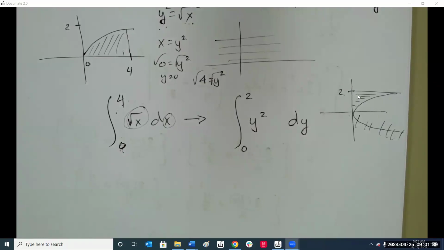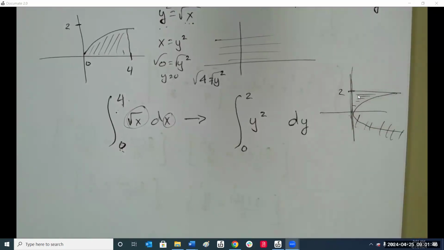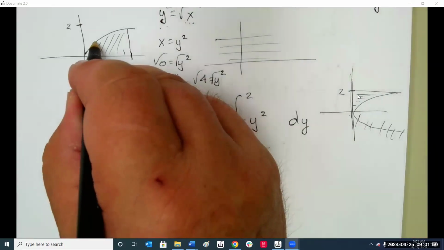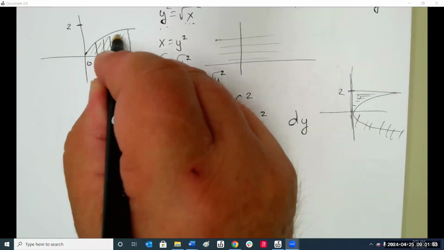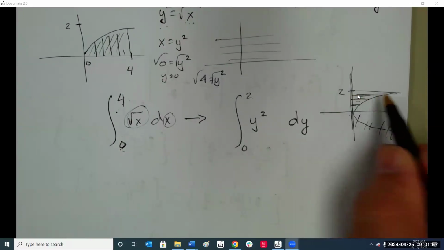Because remember, the integral finds the area under the curve to the axis. So if it was vertical, it's going from the function to the x-axis. But since we're horizontal, we're going from the function to the y-axis.